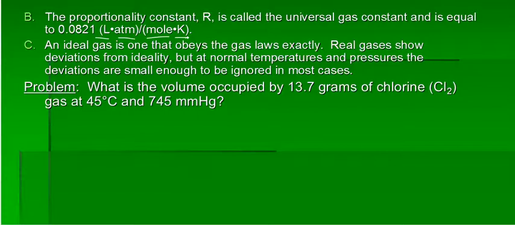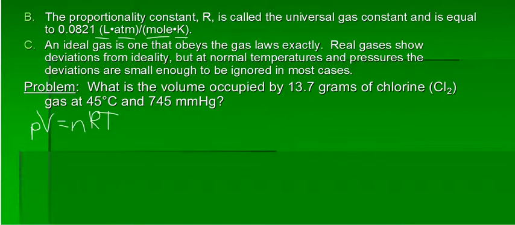So let's look at this problem here. What is the volume occupied by 13.7 grams of chlorine gas at 45 degrees Celsius and 745 millimeters of mercury? When you're using the ideal gas law, the units are important. So if I want to find volume, we've got PV equals nRT. Just plug in what we know here.